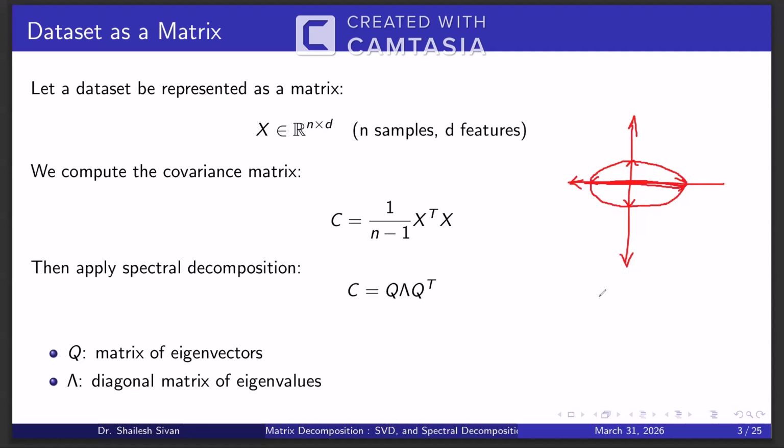If you have three-dimensional data, it can be an ellipsoid, so you can get the idea about variance in all directions. Ultimately, the covariance matrix gives the idea of spread along each component. Is that clear?